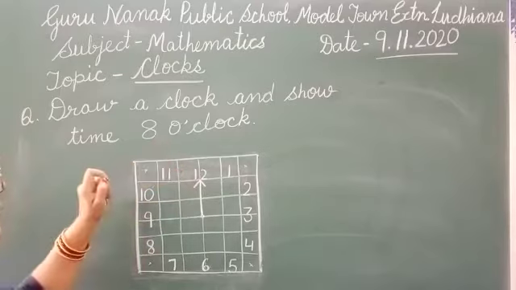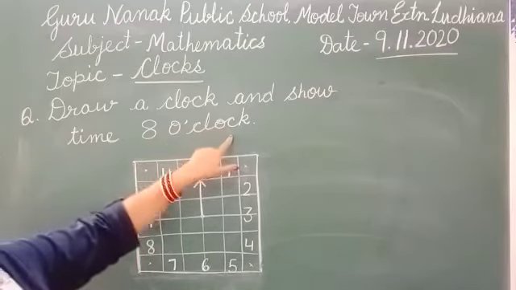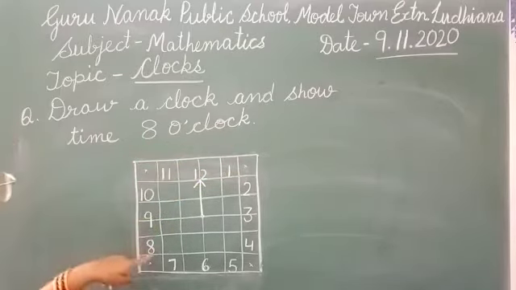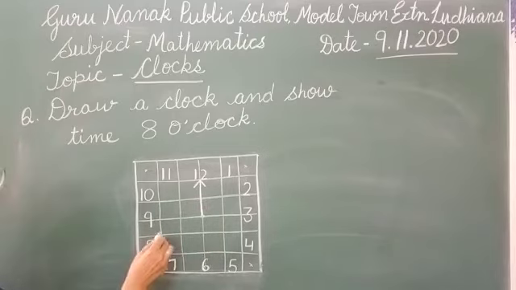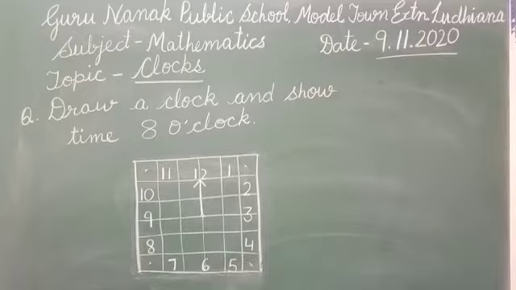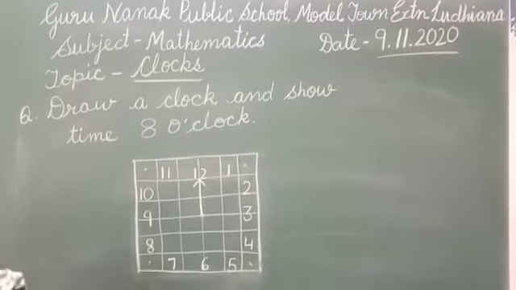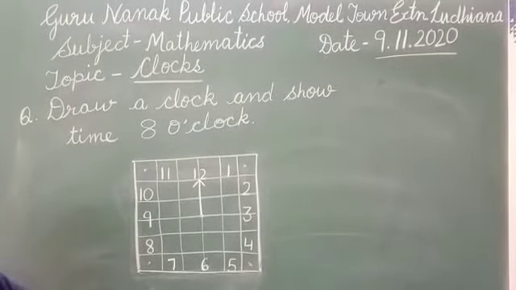Now we have to show time 8 o'clock. So we will see where it is. Here it is. We will use a scale from this towards it. We will draw the small hand. How will you draw?